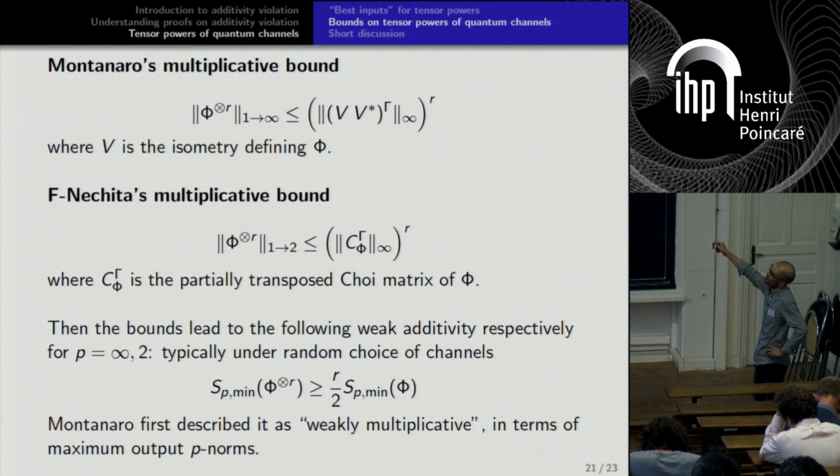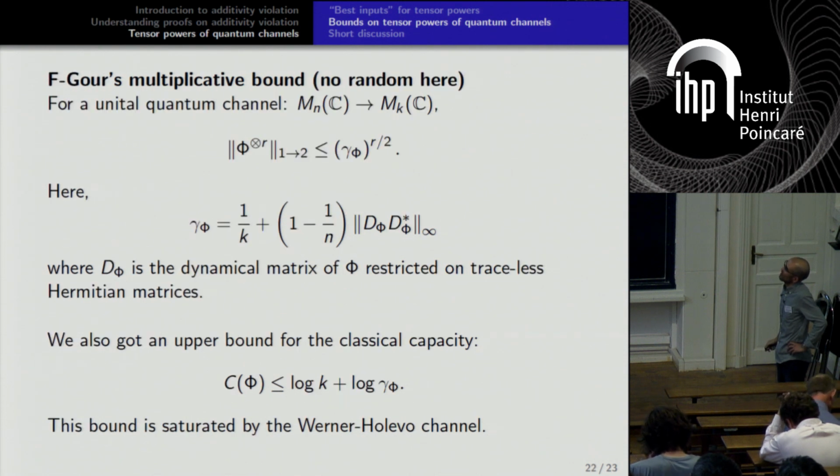And similarly, inspired by this research, Nikita and I worked on this problem. Here this time we have the two norm, and this is bounded by the infinity norm of the partial transpose of the Choi matrix. This is multiplicative as well. Then Montano showed that we got additivity of quantum channels, and this research is almost the same.